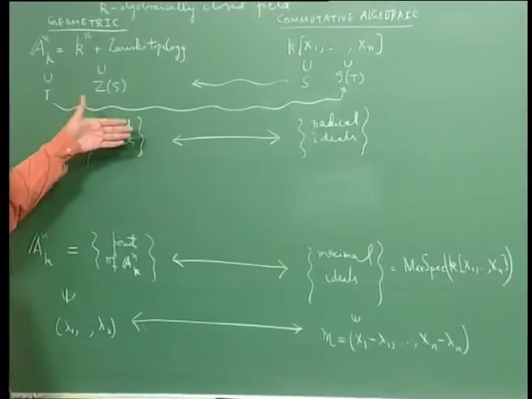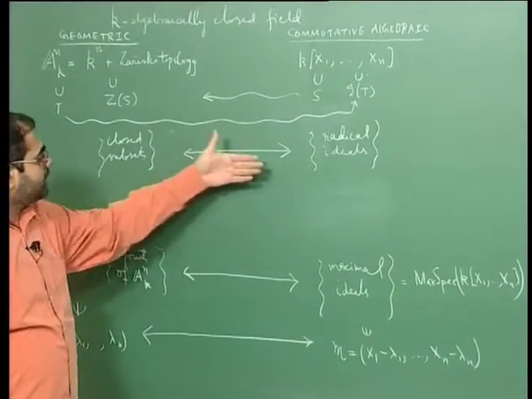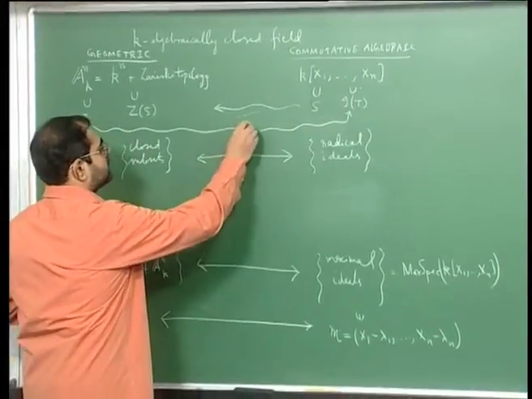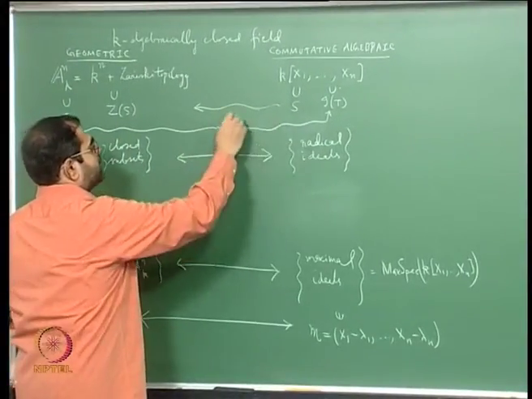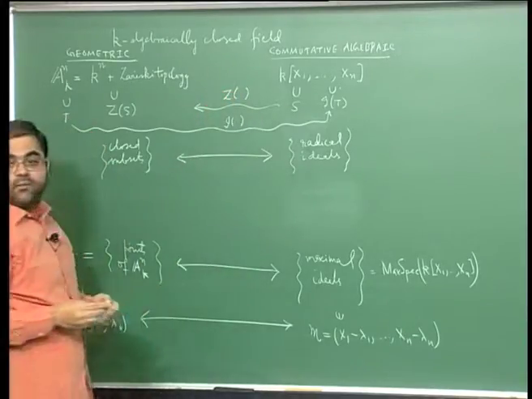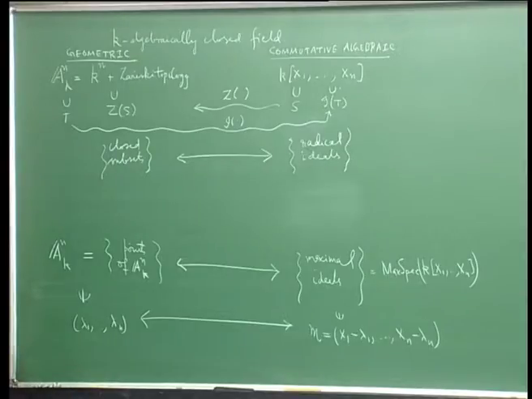So you should remember that in this direction the map is taking the ideal, it is the I map, and in this direction the map is the Z map, which associates the zero set, the common zero locus, okay.